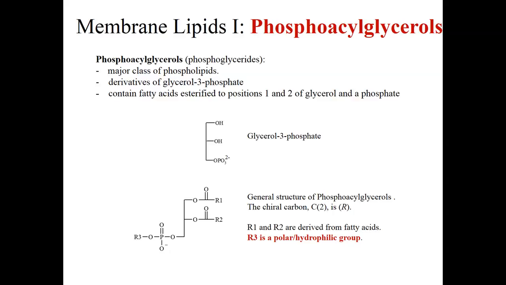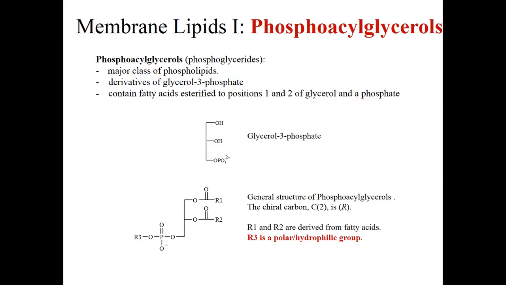The head groups, being hydrophilic, go outside of the layer, so they will be in contact either inside the cell or outside the cell, because they are in contact with the water. Between the two, there is a hydrophobic core.